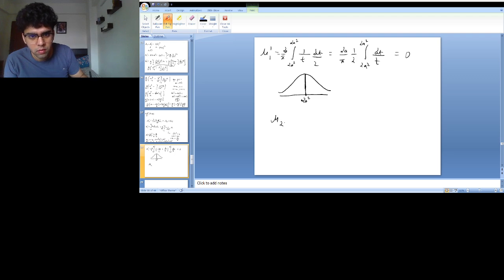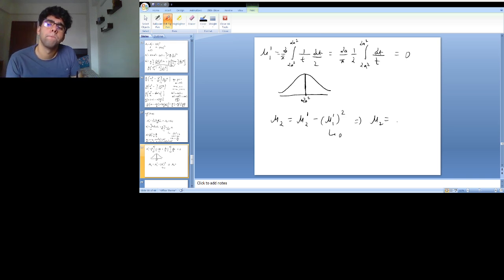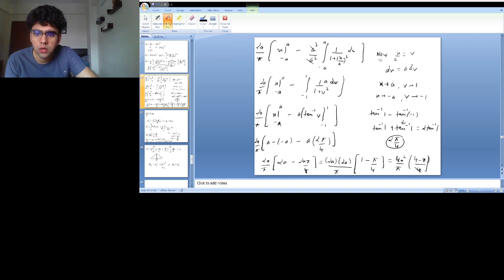Hence my mu2 with respect to the mean is equal to my second moment with respect to the origin minus my first moment with respect to the origin, and the square of that, and this is equal to 0. This implies that my second moment with respect to the mean, or the variance, is equal to the second moment with respect to the origin, and I just found out the value of this earlier here.